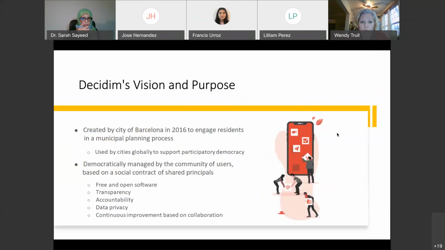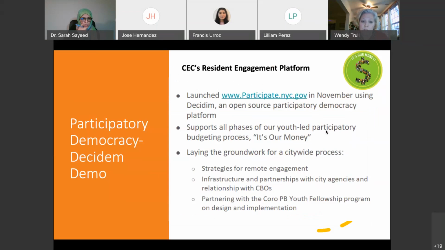So just a quick recap on the site and some context and background. We officially launched participate.nyc.gov last month using Decidim, an open source participatory democracy platform. Having launched in November, we actually became the first in the US to bring Decidim here. There are about two other cities, I think, who are close behind, so we'll have company soon.